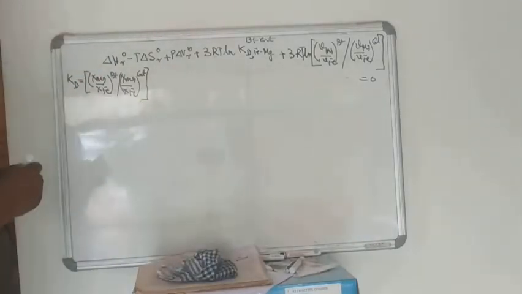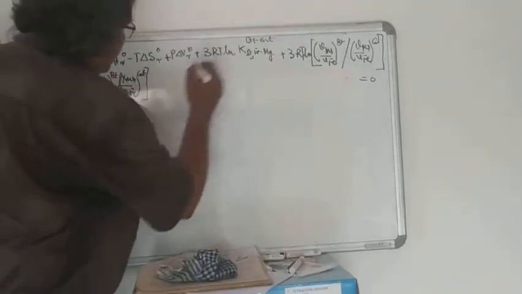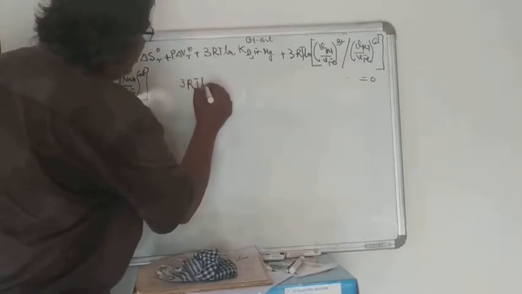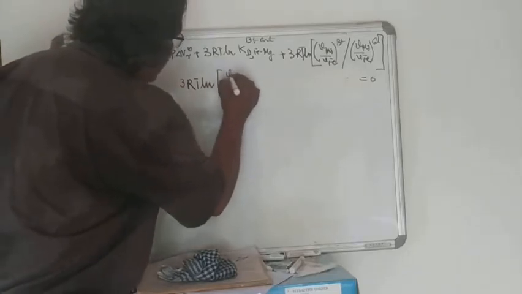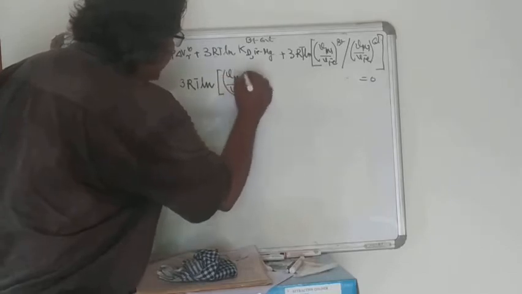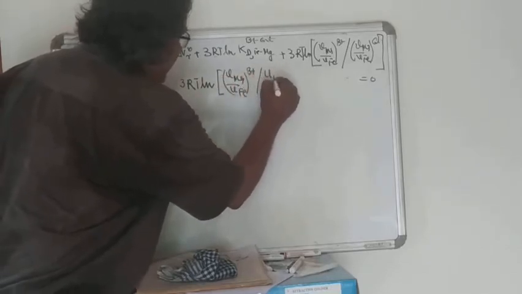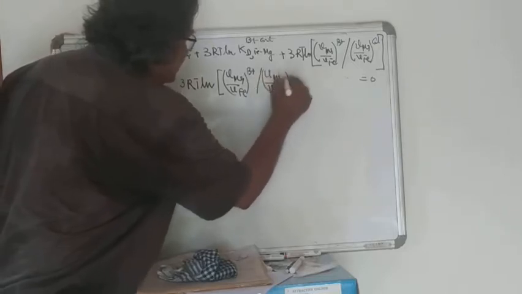Now, this term can be divided. You can see it is 3RT ln (gamma Mg/gamma Fe in biotite divided by gamma Mg/gamma Fe in garnet).